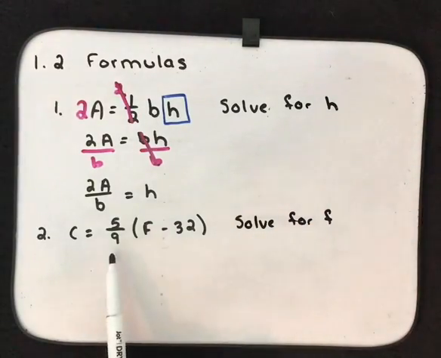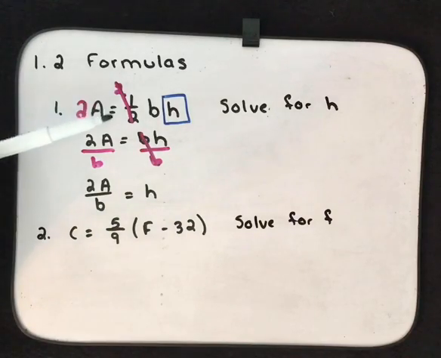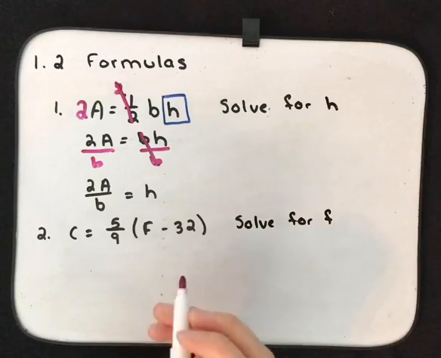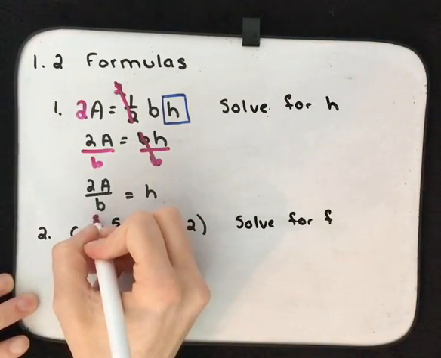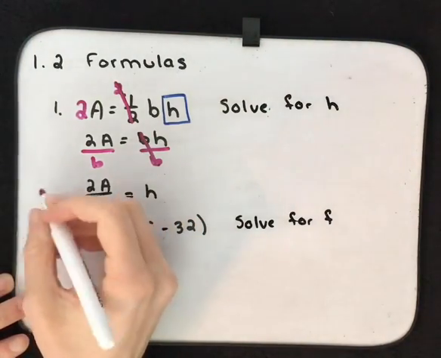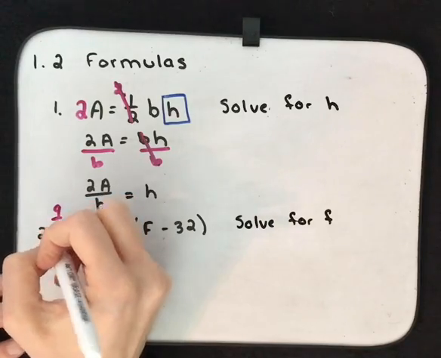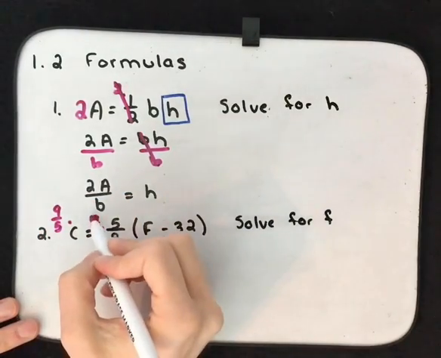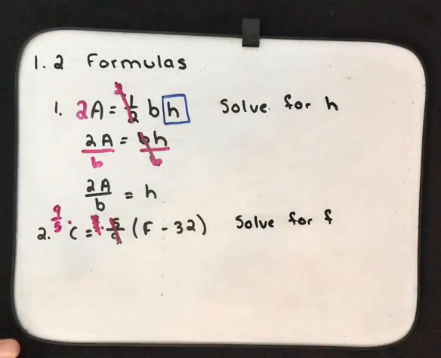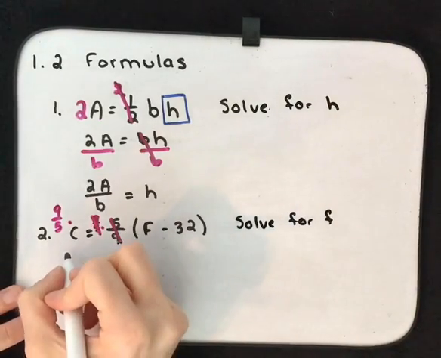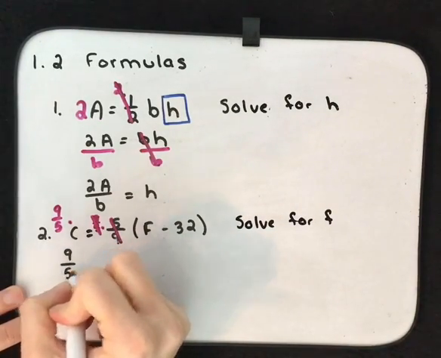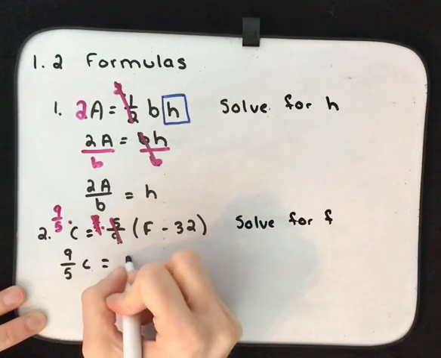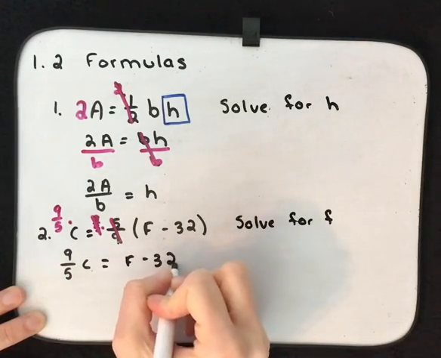Another way would be to get rid of your 5/9, just like we got rid of the 1/2 over here. So here we have 5/9. In order to get rid of it, we can multiply both sides by 9/5. If we multiply 9/5 times 5/9, that will cancel to 1. That leaves us with 9 over 5 C equals F minus 32.